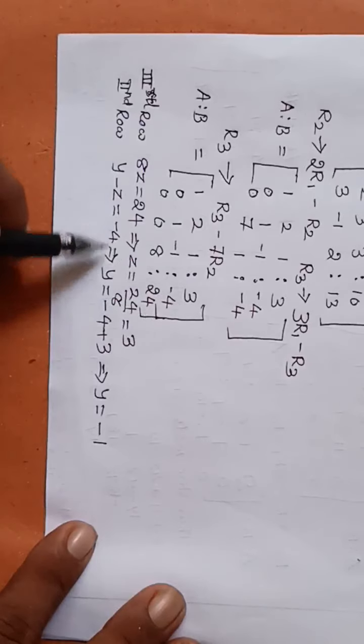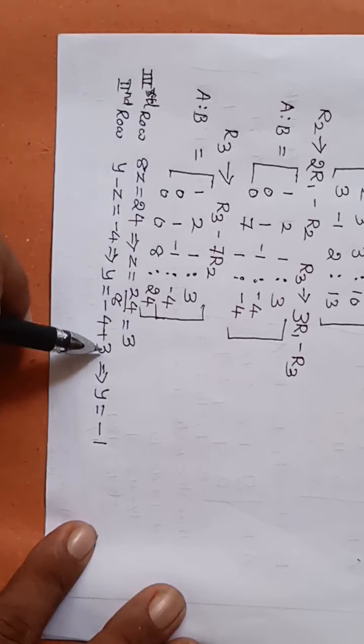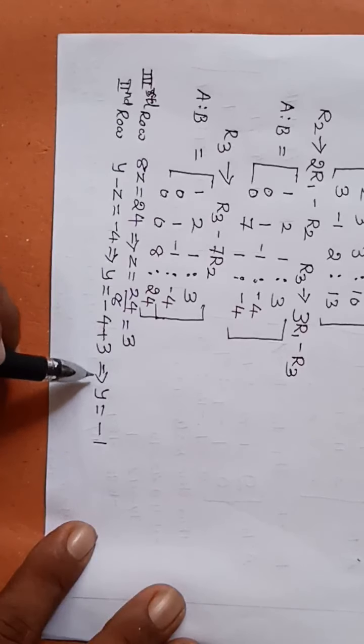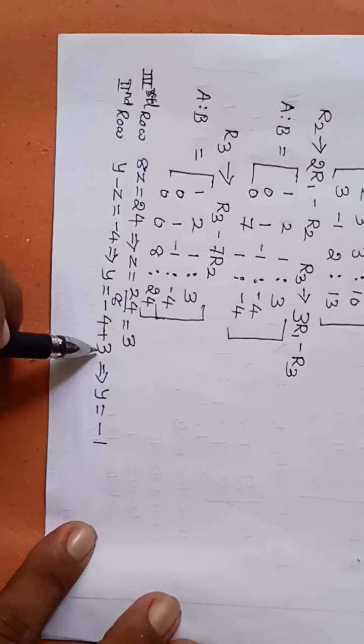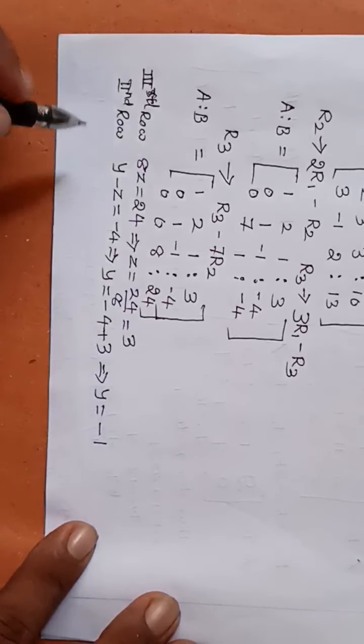This implies y is equal to minus 4, shifting z to this side, z is nothing but 3. Minus 4 plus 3, this implies y is equal to minus 4 plus 3, which is equal to minus 1.